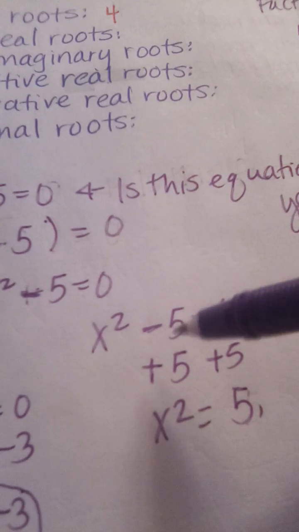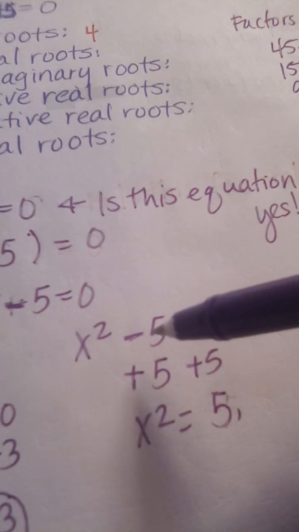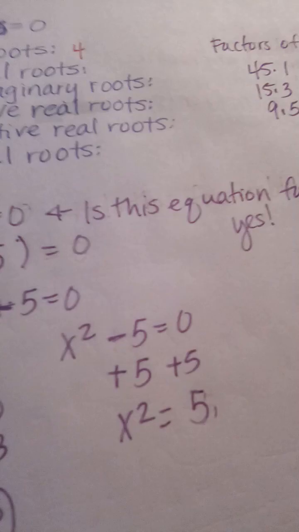Okay. And then of course, we have the x squared minus 5, and we have to add 5 to both sides of the equation. We get x squared equals 5.